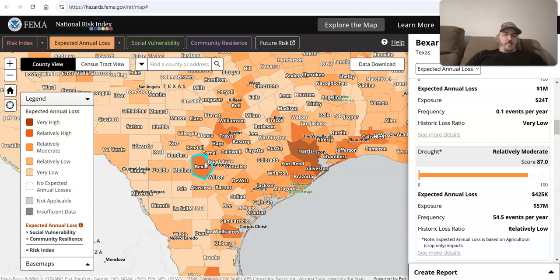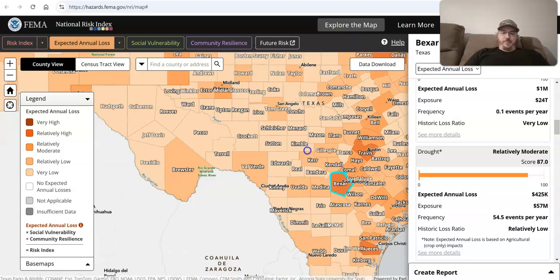And I intentionally avoided hurricane markets. I've lived and worked in Houston before. I spent a lot of time in Louisiana, Mississippi, places where you just get hit by hurricanes all the time, and I don't want to deal with investment properties in those markets.